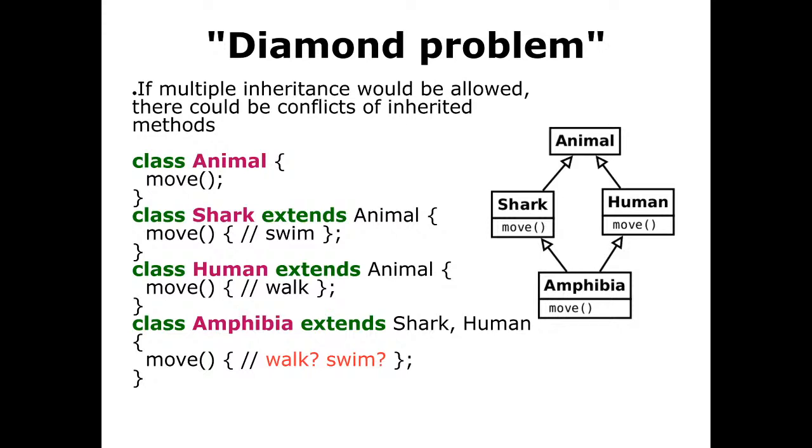Then let's talk about the so-called diamond problem. In other programming languages like C++, there's such an option as multiple inheritance.